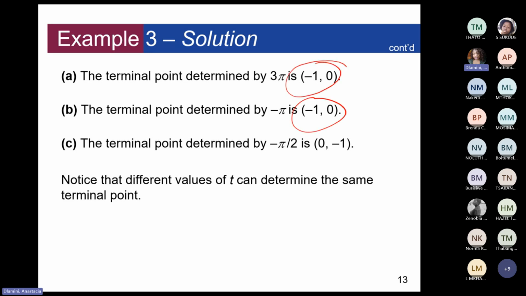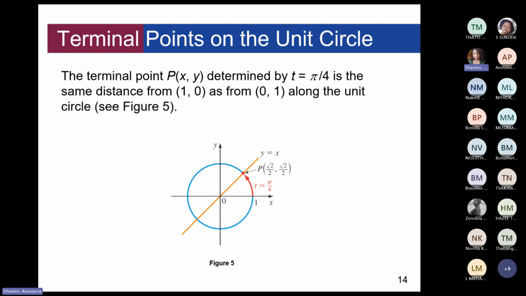Now they're saying the terminal point xy determined by pi over 4 is the same distance from 1, 0 as from 0, 1 along the unit circle. Does that statement make sense?